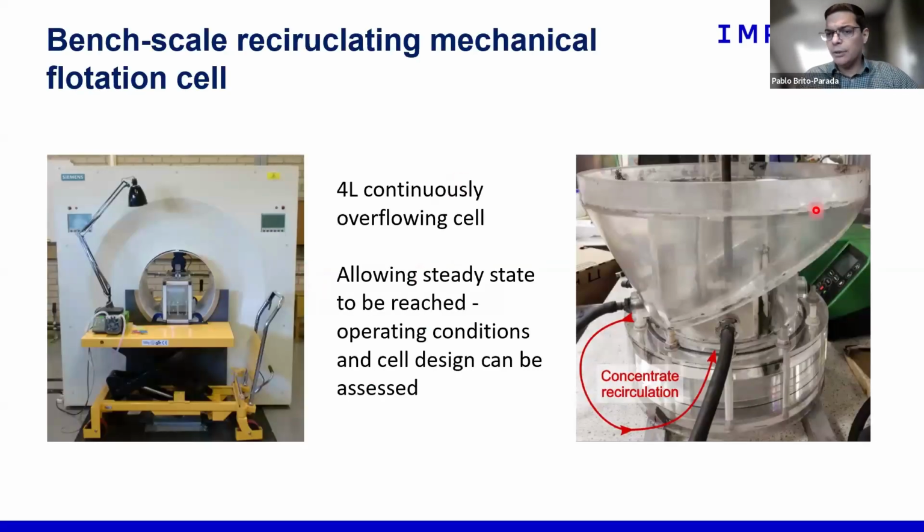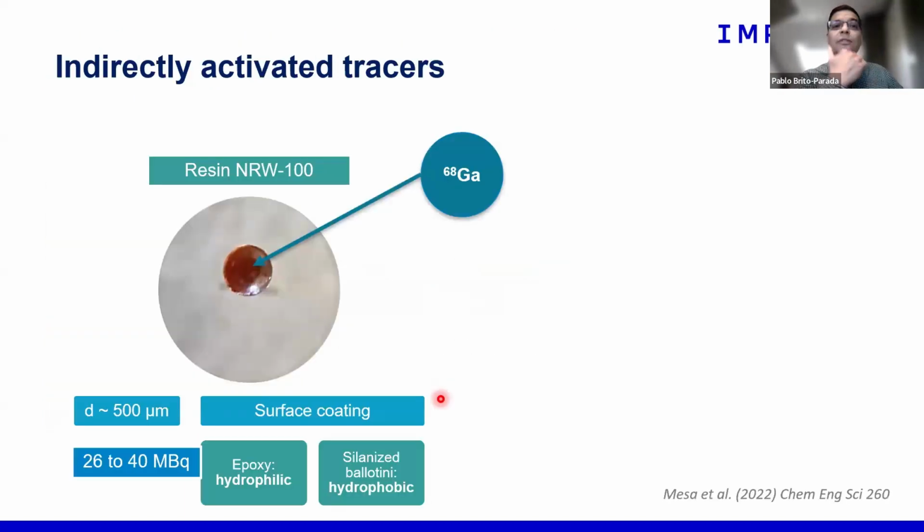So this is what the flotation cell looks like. It is relatively small, 4 to 4.5 liters. It overflows, we have the launder, and then we recirculate either with a sump or directly into the pulp. This allows us to get a steady state and therefore a stable system. That fits nicely, as I showed before, into the camera of the PET scanner at iThemba. And the type of tracers that we have used there, as I mentioned, are indirectly activated tracers.